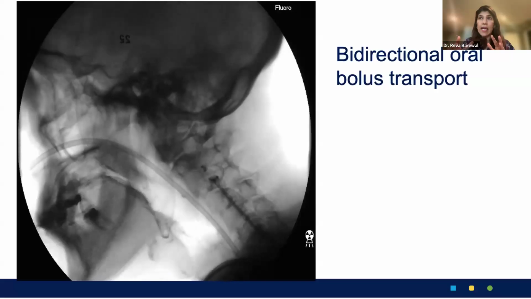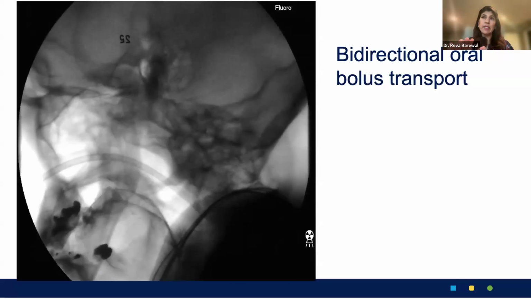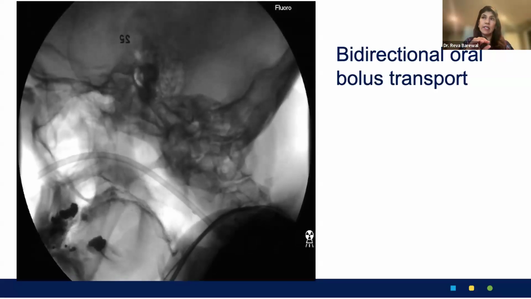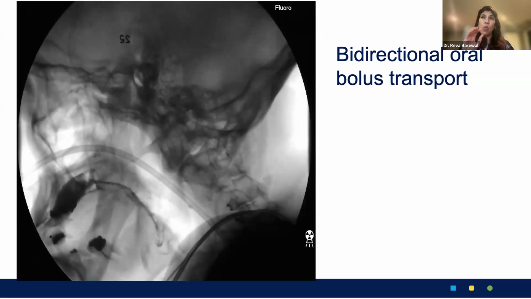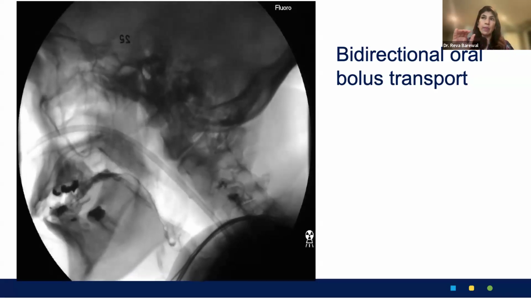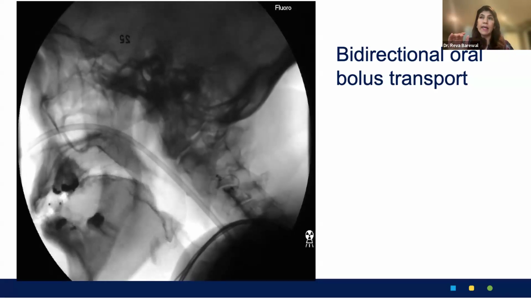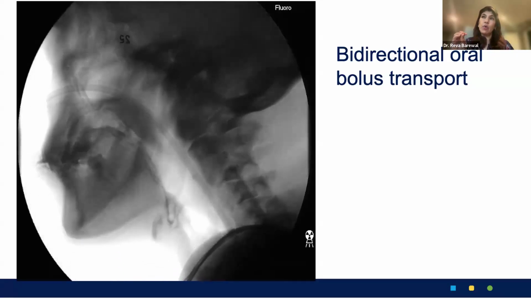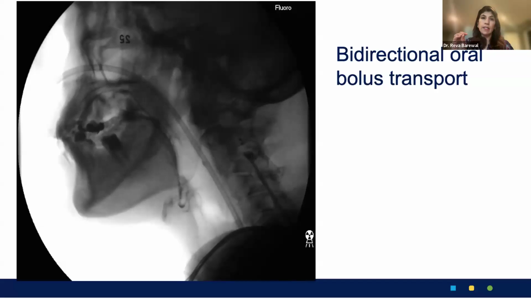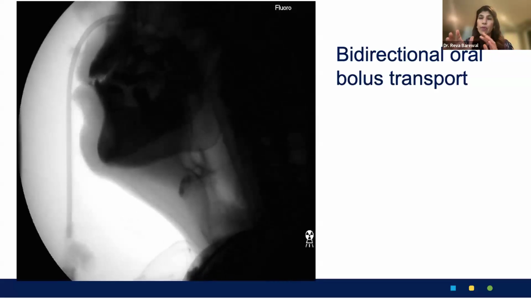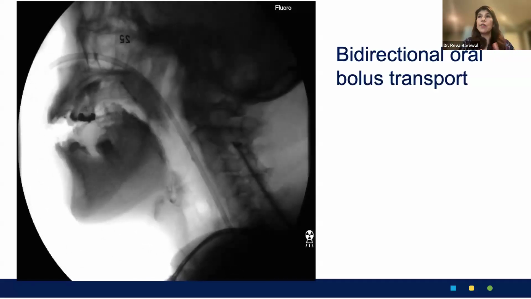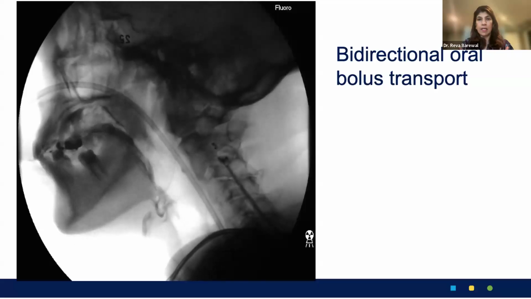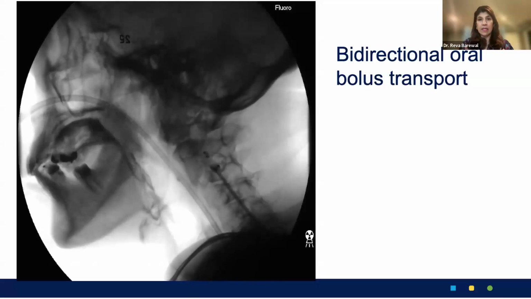Take a look at this bolus. The bolus is staying in the anterior. They're trying to see when it is ready for manipulation and bringing propulsion back. It's like a bidirectional oral bolus transport, right? So it's anterior to posterior and then posterior to anterior during this ongoing oral processing phase.